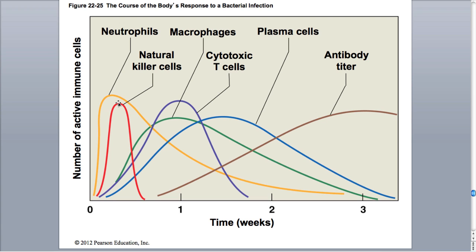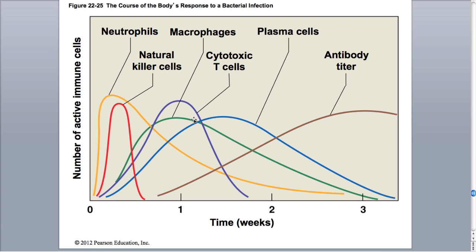Natural killer cells. Then who comes in shortly after in this purple line? Cytotoxic cells. Along with who? The macrophages. Why? Because macrophages talk to who? Talk to the level 4, right? So macrophages are talking to level 4, cytotoxic.